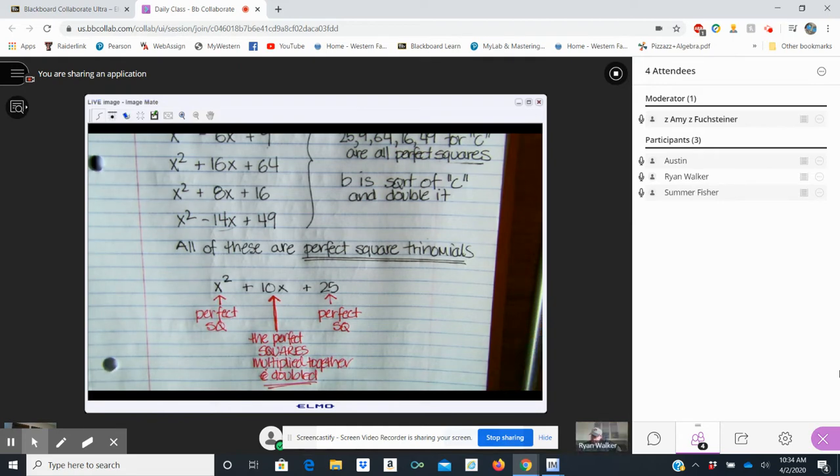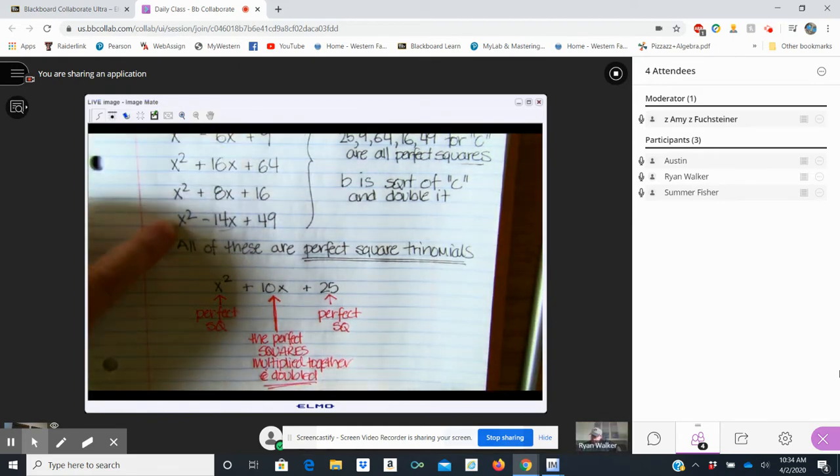Now, I say it this way because there won't always be a 1 in front.